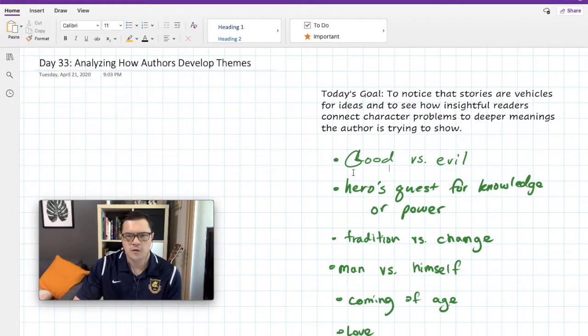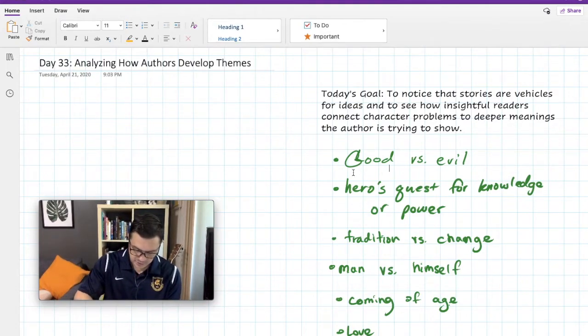So the author uses that story to teach us how good overcomes evil and how doing good things makes the world a better place. So the wizards and creatures and the magic are a way to convey that message. It's a genre because it's a certain way that authors convey that message, using fantasy ideas.